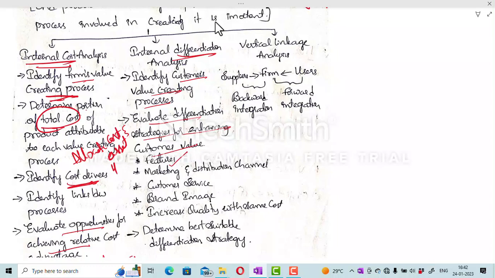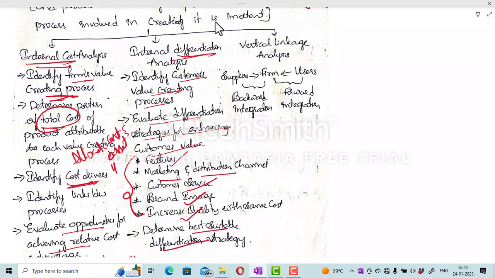We need to evaluate the features, the marketing and distribution channel, customer service, brand image, and increasing quality at the same cost. Any of this will enhance the competitive advantage to the customer.